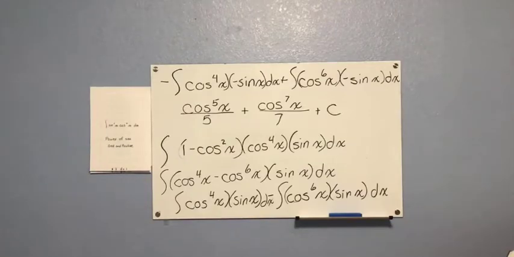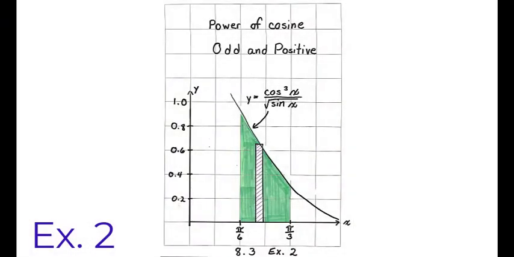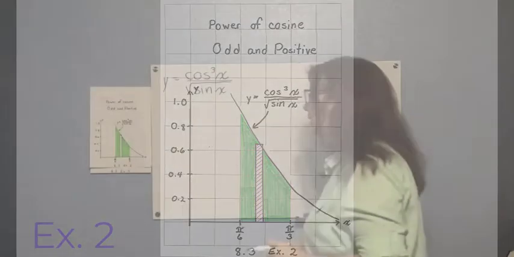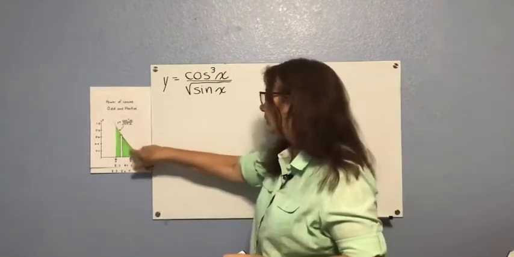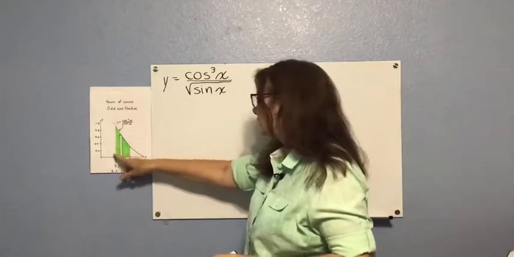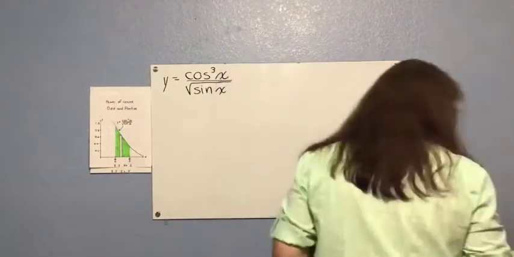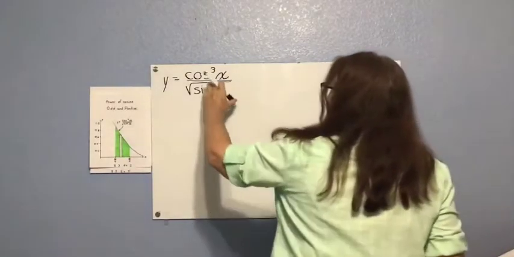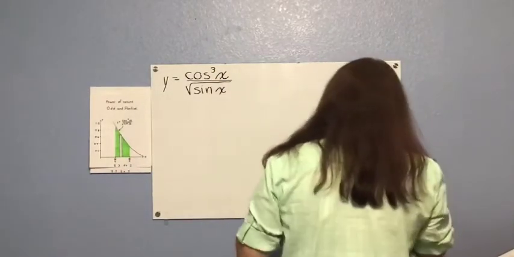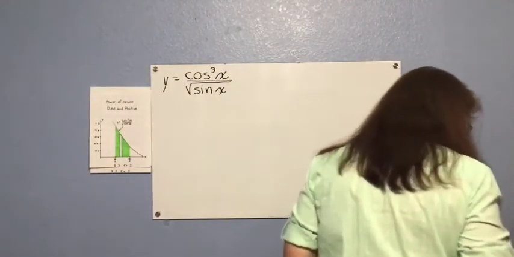In this next example, the power of cosine will be 3, but the power of sine is negative 1/2. But we can still use a similar technique. In this problem, we've got this curve, cosine cubed x divided by the square root of sine x, and it looks like we're trying to find maybe the area there. We want to save one cosine to use as our derivative when we integrate.